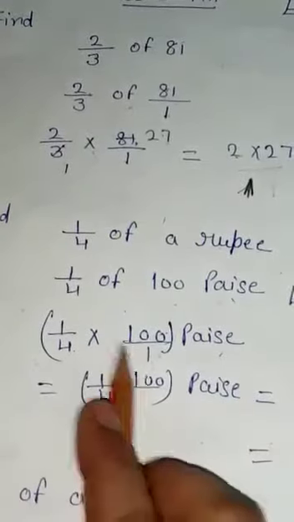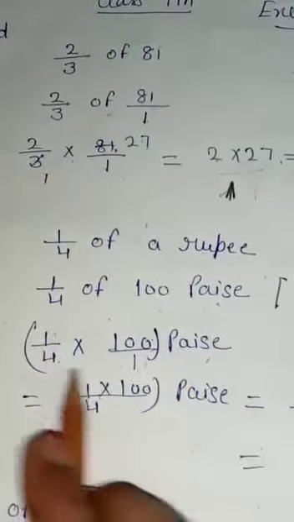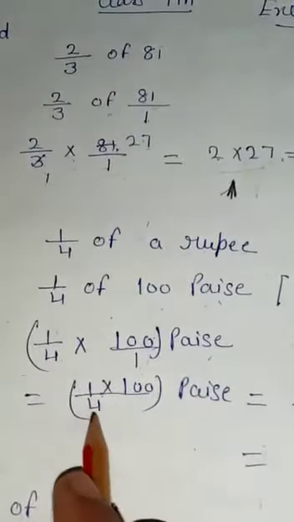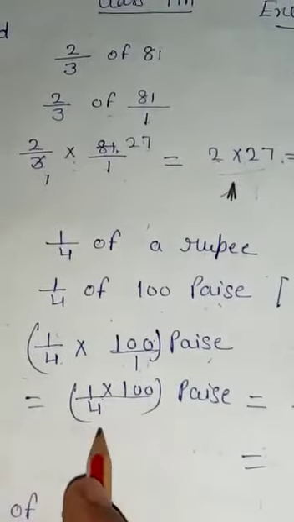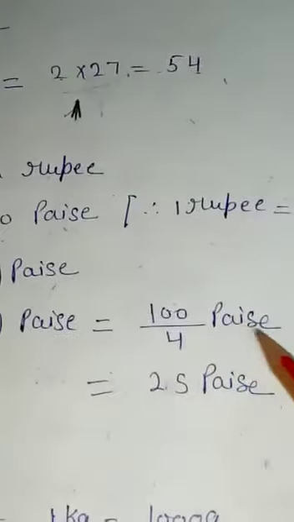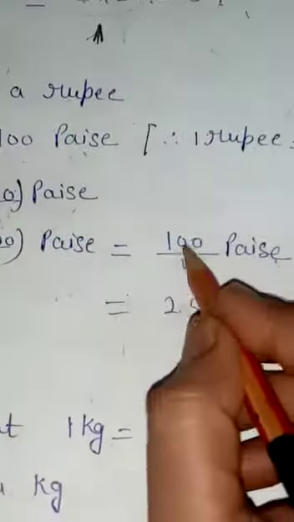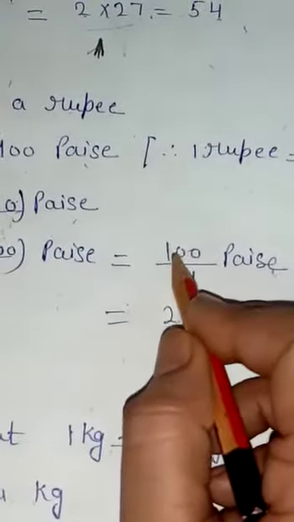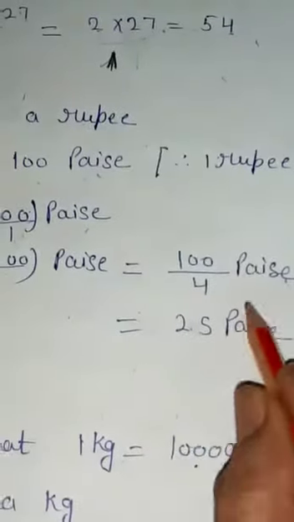Now we multiply 1 multiply 100 divide by 4 multiply 1. 100 divided by 4 paise. Now we will divide: 4 ones are 4, 4 25s are 100. The answer is 25 paise.